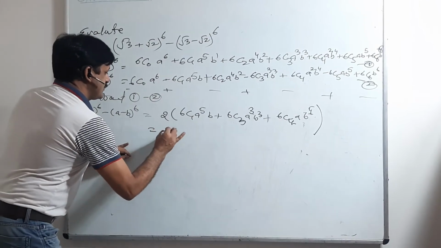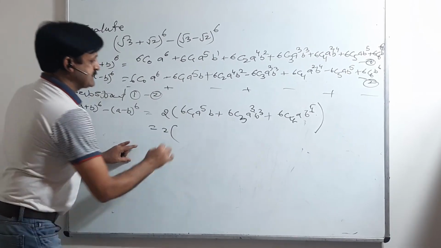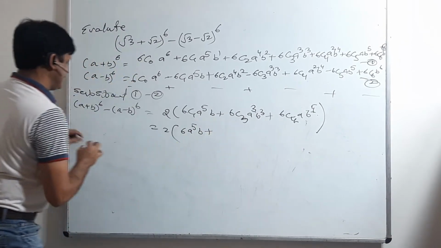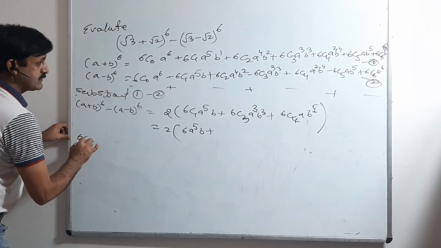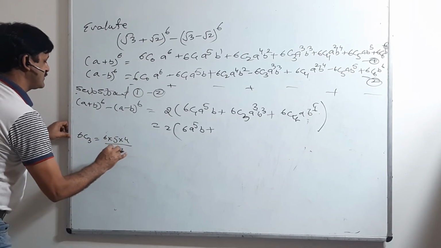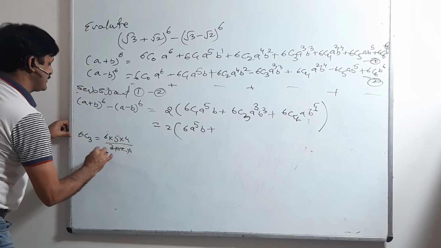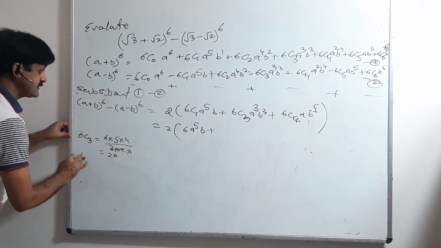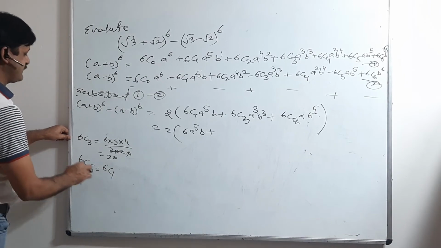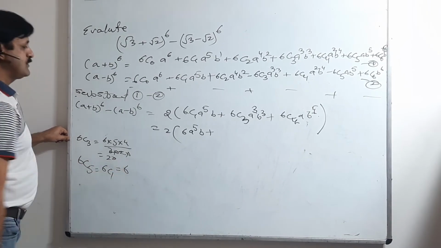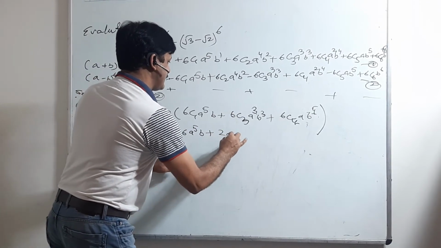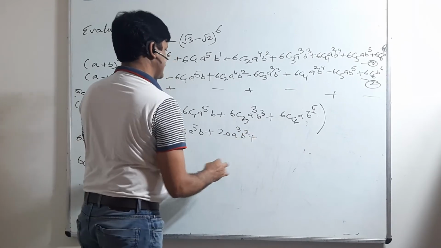This becomes 2 times 6C1, that is 6 a to the power 5 b, plus 6C3. 6C3 is equal to 6 into 5 into 4 upon 3 into 2 into 1, that is 20. Same 6C5 is equal to 6C1, that is equal to 6. So 6C3 gives 20 a cube b cube plus 6 a b to the power 5.